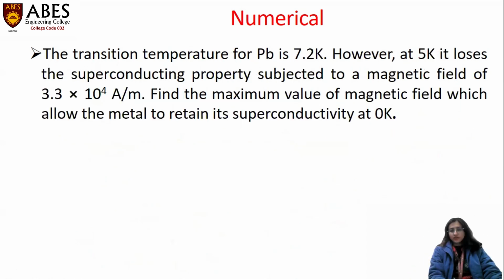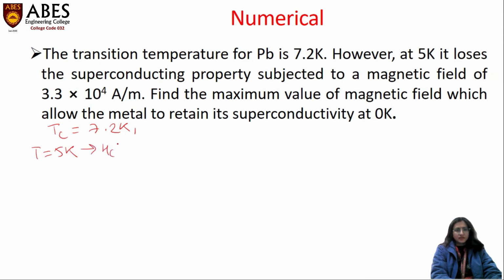This is again an important question. Transition temperature for lead: TC is given as 7.2 Kelvin. At 5 Kelvin, it loses its superconducting property when subjected to a magnetic field, so here T is 5 Kelvin, and at this temperature the magnetic field is 3.3 × 10^4 ampere per meter.